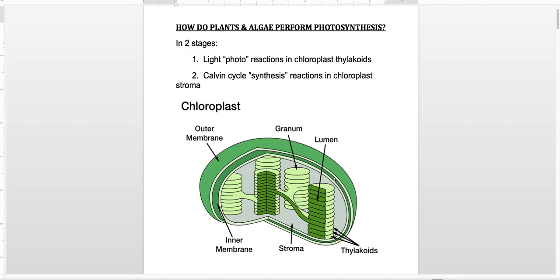So we're going to break water molecules, releasing the H's from the H2O's, and use those hydrogens to build our sugar when we combine them with CO2. So the breaking of water with light occurs in the thylakoids, that's the light reactions, and then using those hydrogens that are released plus carbon dioxide gas, we're going to build up sugar molecules out here in the stroma, and that's the Calvin cycle.